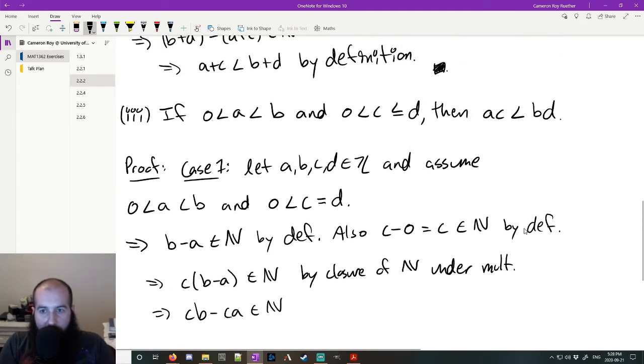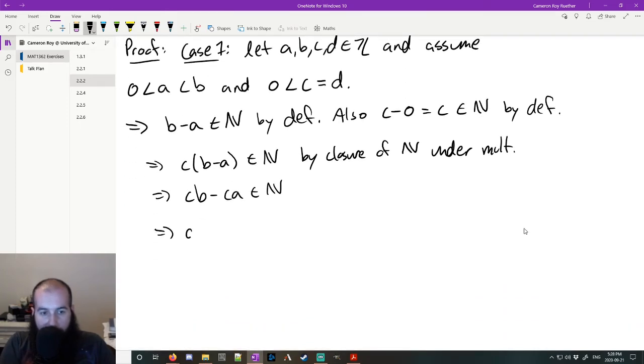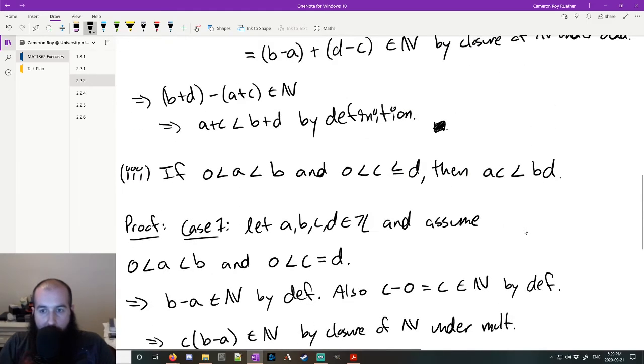But c is equal to d, so we can replace c in one of these with d. And rearranging, it means that bd minus ac is natural, which means that ac is less than bd, which is what we wanted.